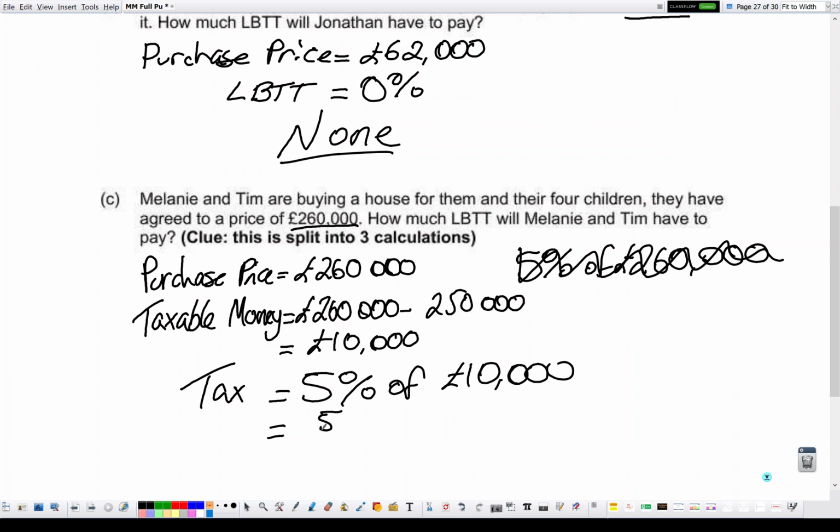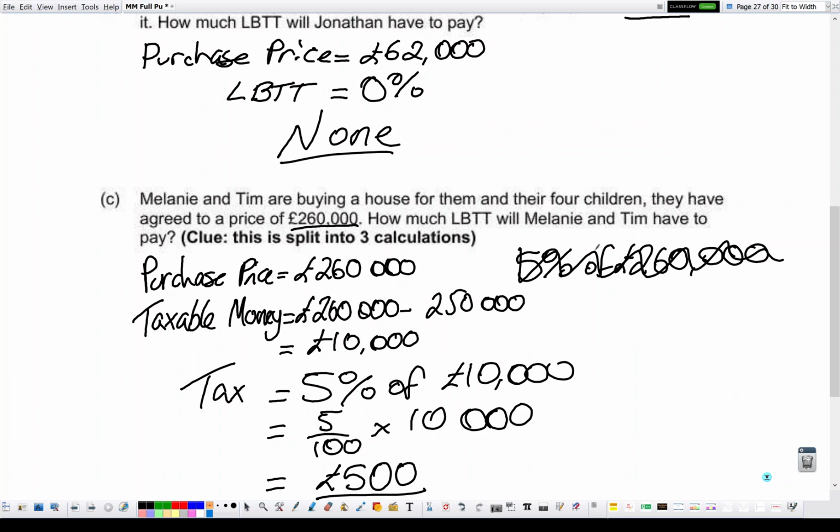Okay, so 5 divided by 100 times by 10,000. That's all we have to do here. That's all the amount of tax is. So if you do that, hopefully you should get an answer of £500. So it's not too bad.